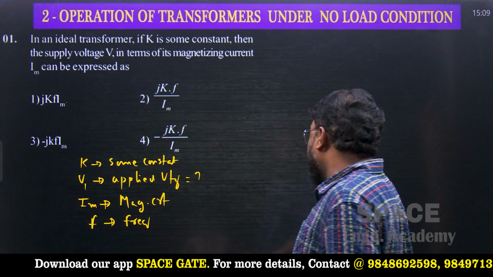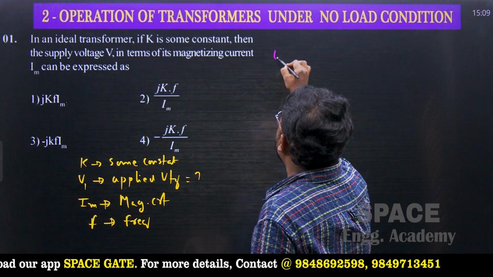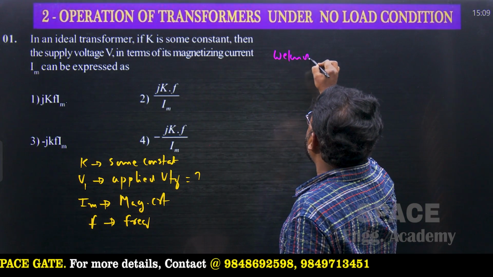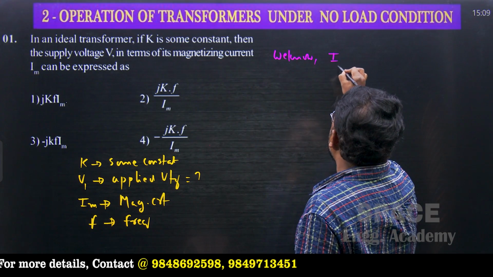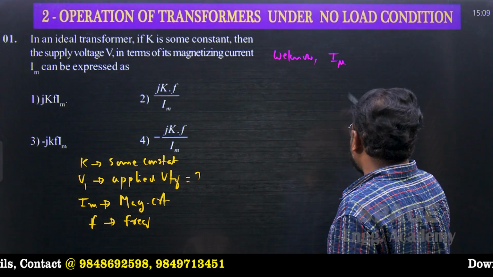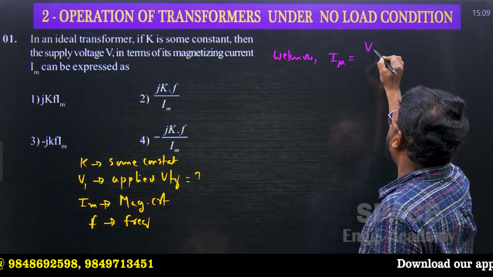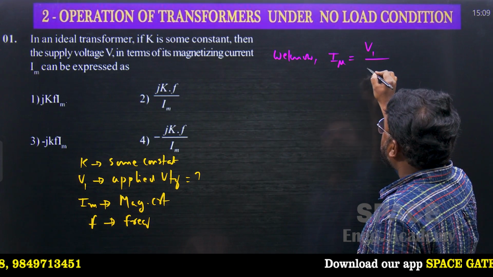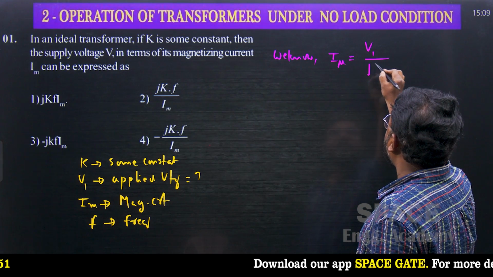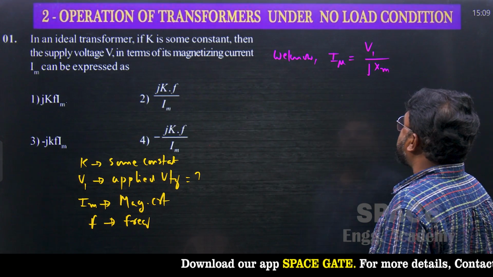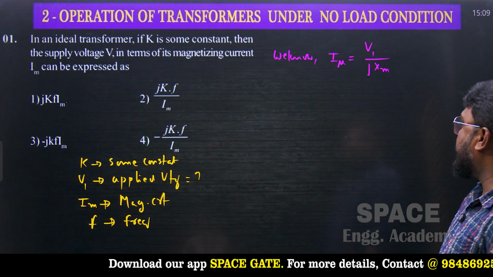We know that the magnetizing current Im is equal to the applied voltage divided by the magnetizing reactance jXm, where Xm is the magnetizing reactance.